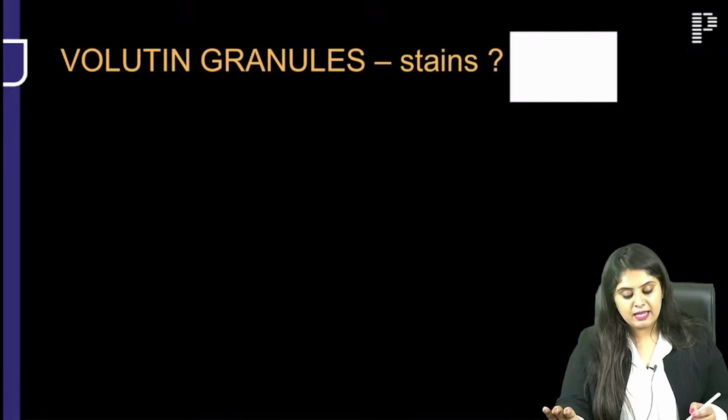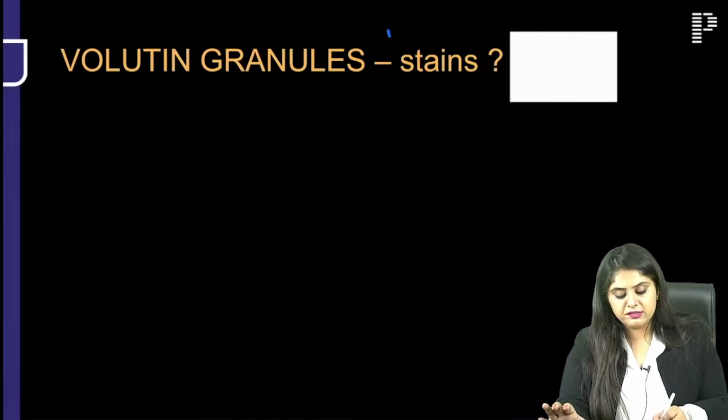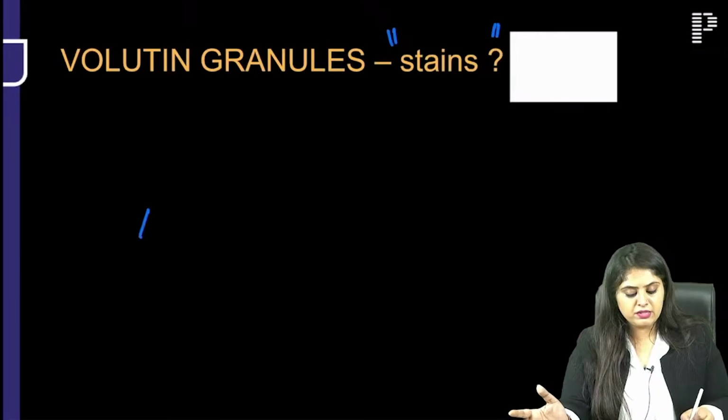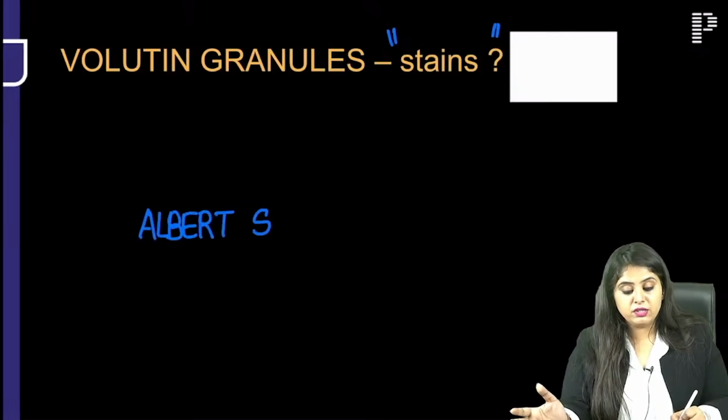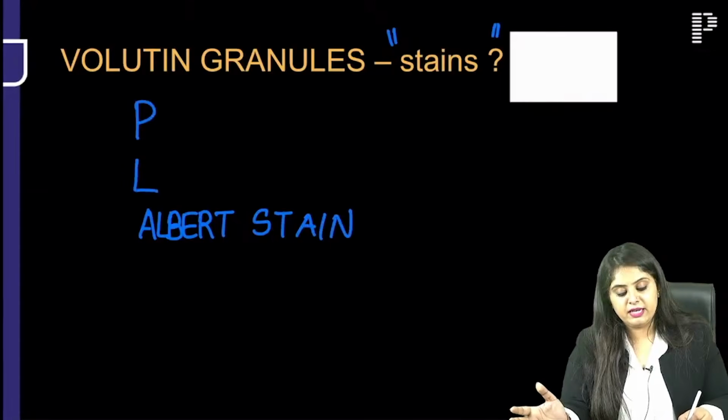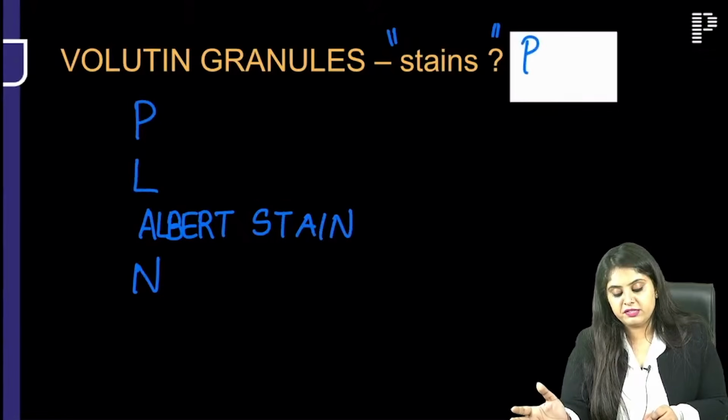Coming to the next, volutin granules के stains क्या? You're like, ma'am, पूरे कहानी के बाद you're asking us, right now you told us the volutin granule का stain is the Albert stain, but that's not the only stain that you have. For volutin granules, we have 4 stains.